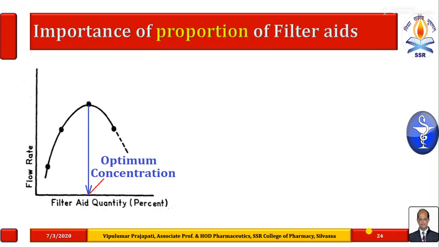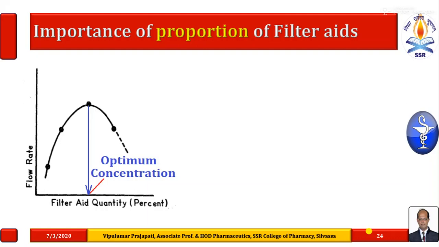We cut the filter paper according to the internal diameter of the Buchner funnel and keep it inside the funnel. Then filtration is carried out for the slurry without filter aid. Next, we prepare the same percentage and same volume of slurry, and add filter aid.